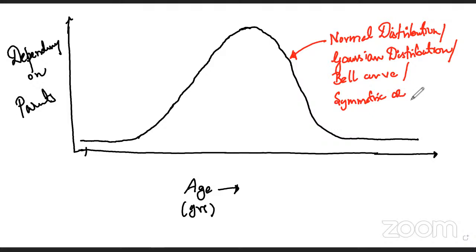It is symmetric around the mean. So these are all the other terms for this particular normal distribution. Sometimes we call it a Gaussian distribution. Sometimes we say it's a bell curve and it is symmetric around the mean.